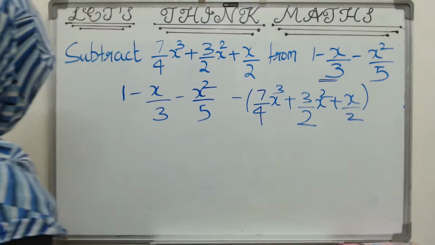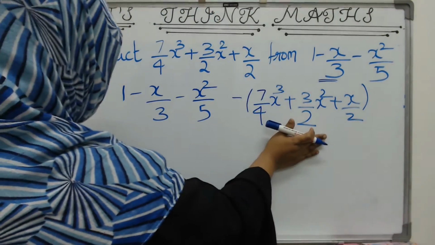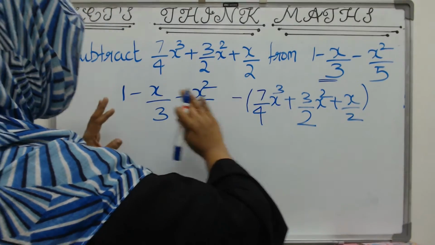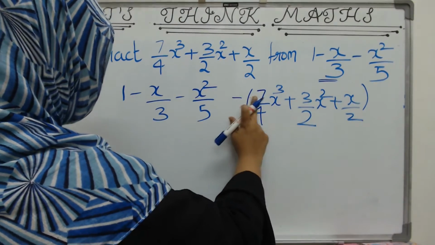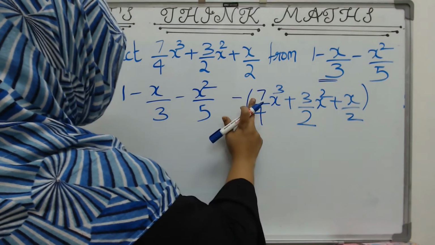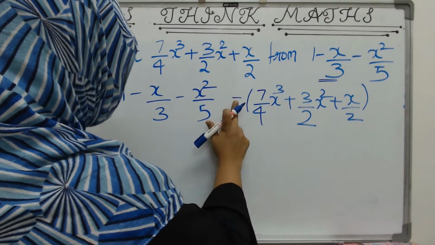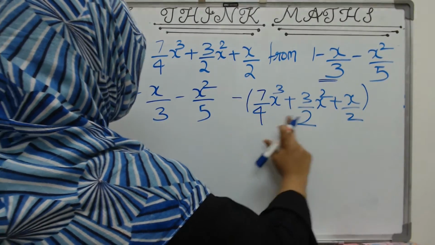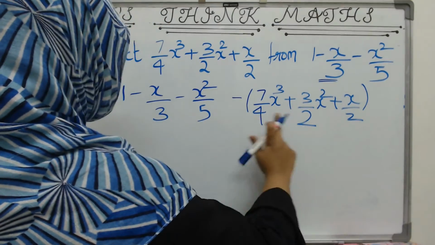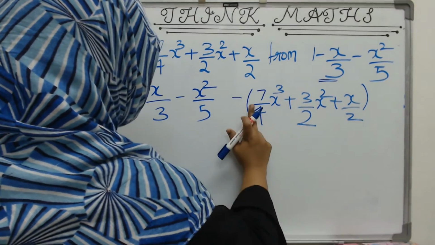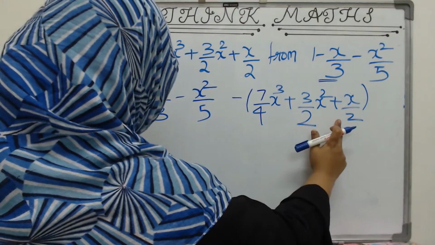Next thing to remember is that whatever algebraic expression you are subtracting, all of its signs change. This is plus, this will become minus, because we are going to take the minus inside the bracket. So once you take the minus inside the bracket, each of the terms will get the minus sign.